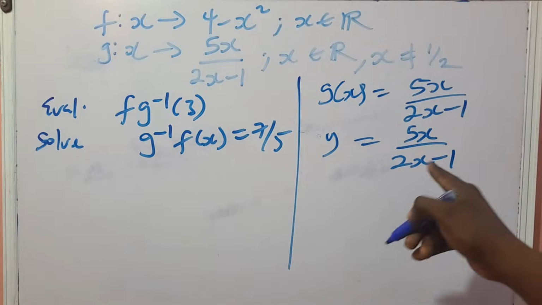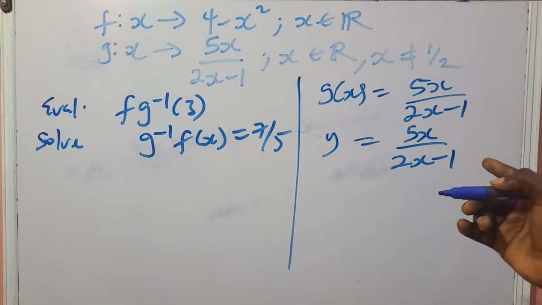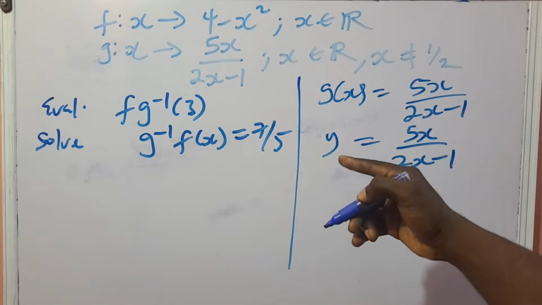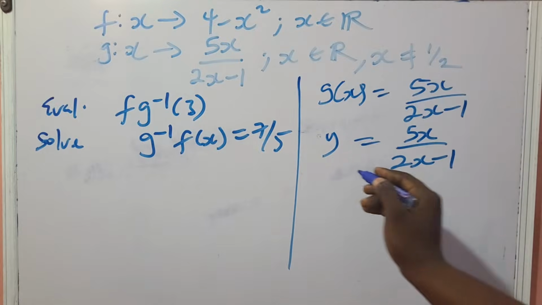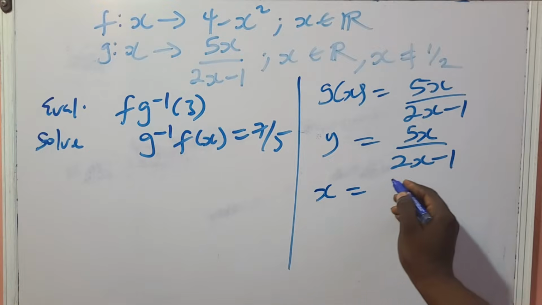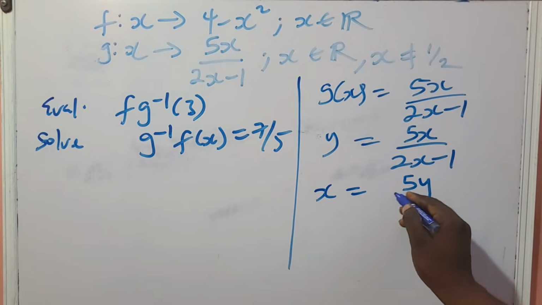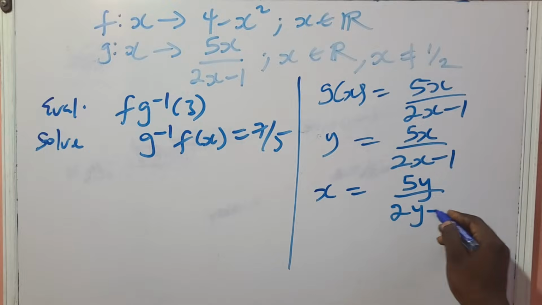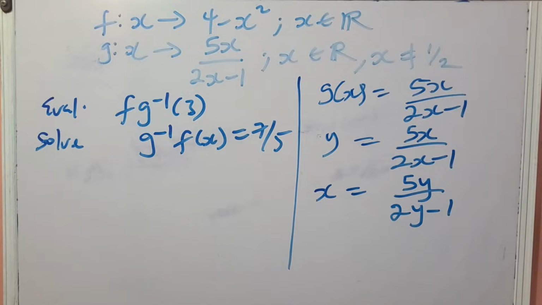The next thing to do is to swap: wherever you see x, you fix in y, and wherever you see y, you fix in x. So we have x equals 5y over 2y minus 1. Then you go on to try and make y the subject of formula.